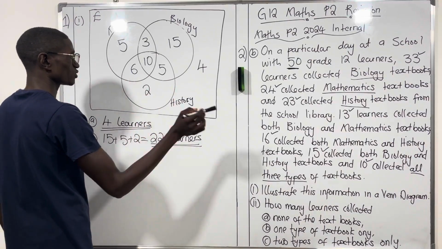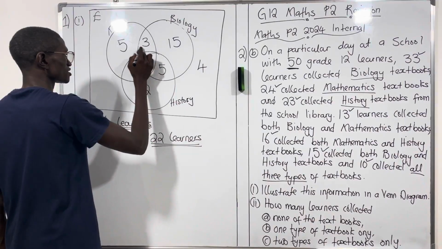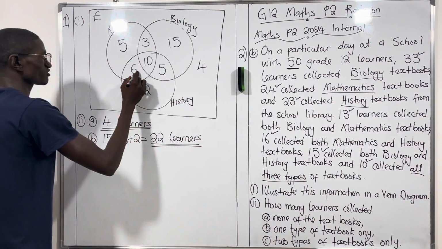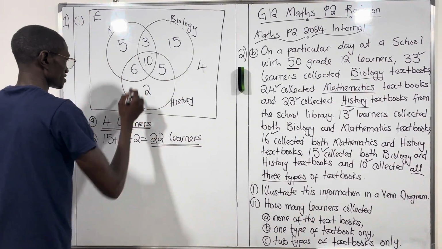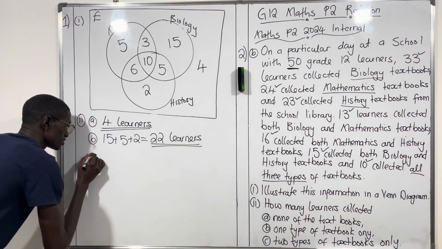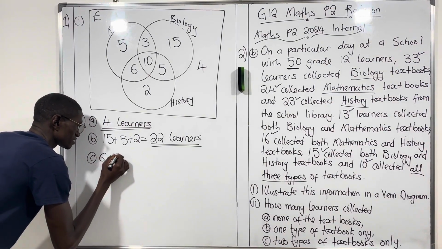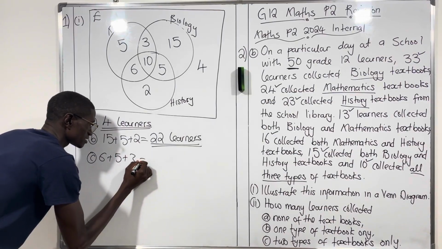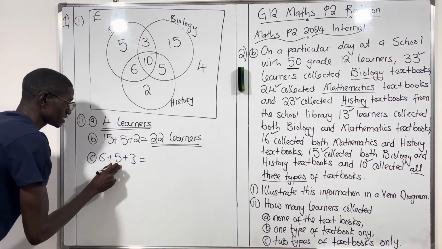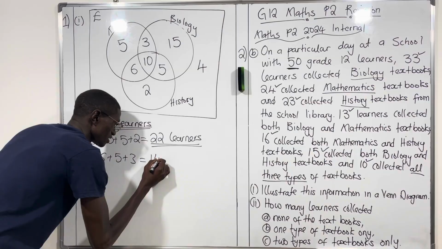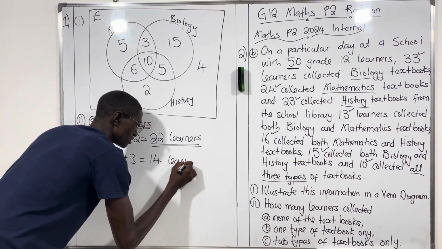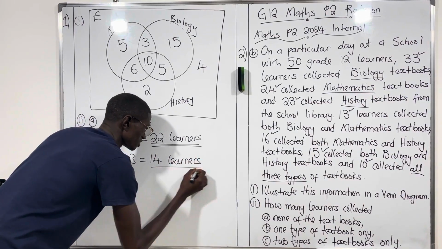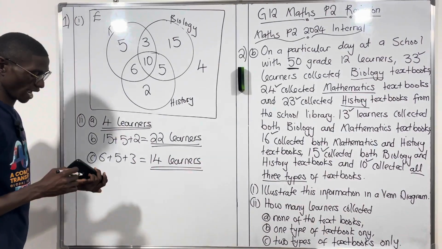So since there is the word only, meaning it's these ones, and those ones. So it's 6 plus 5 plus 3, giving us 6 plus 5 is 11 plus 3, giving us 14 learners, and you are done.